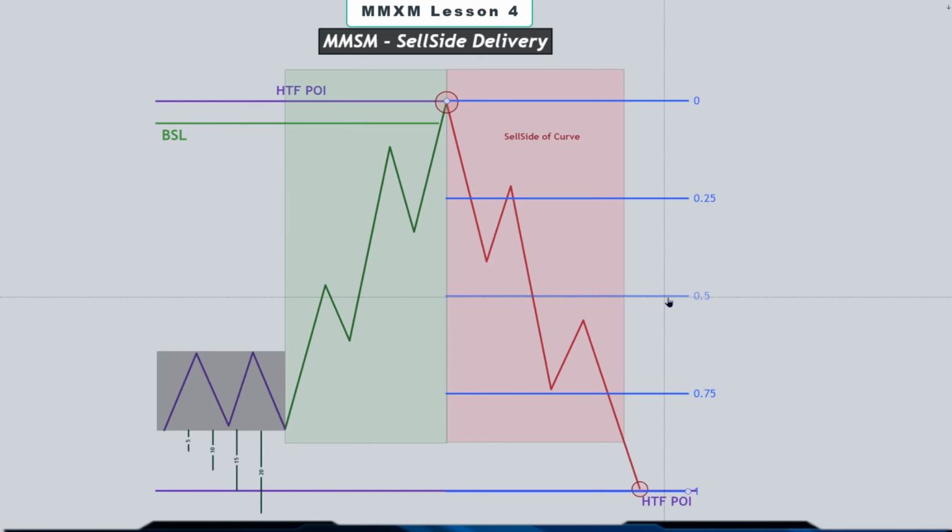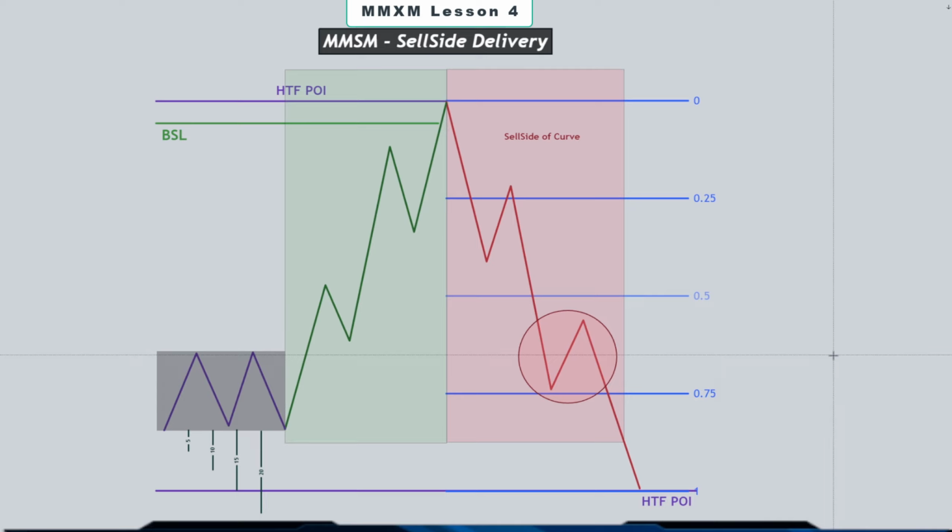Once you find that measuring gap, it gives you extra confluence that we are right about our calibrated area or the projected area where price will possibly go. And also, as I said on the buy side of the curve, when you get that measuring gap, it will also confirm that you have already received the 50% delivery of a market maker sell model. So you have another 50% to go, things like that.